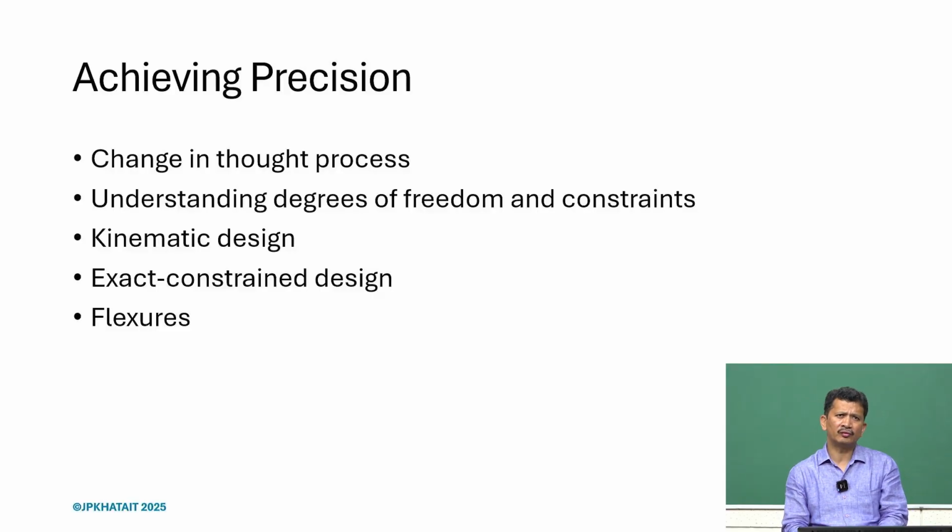We also try to understand that degrees of freedom and constraint play a very big role. If we follow the kinematic design principle or exact constraint design, many of these errors might be there, but they are systematic in nature, constant, and can be easily removed.